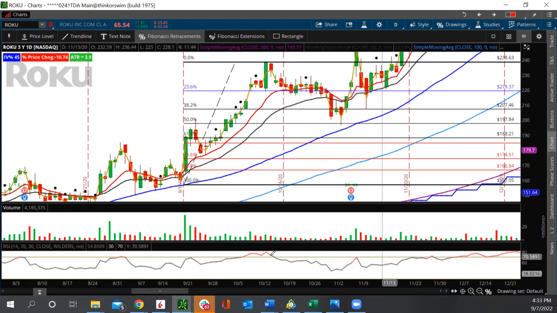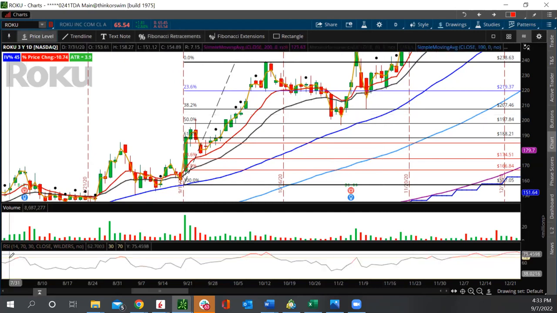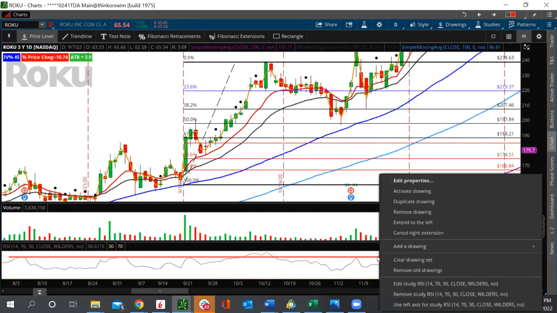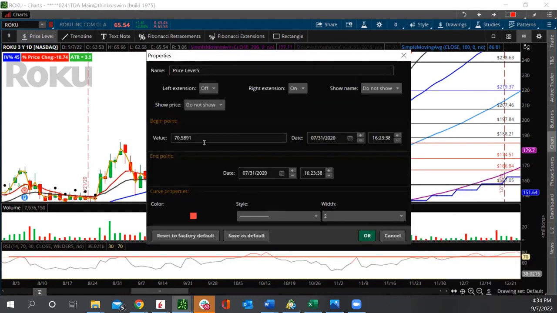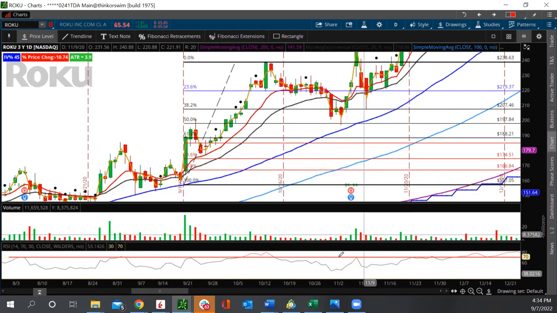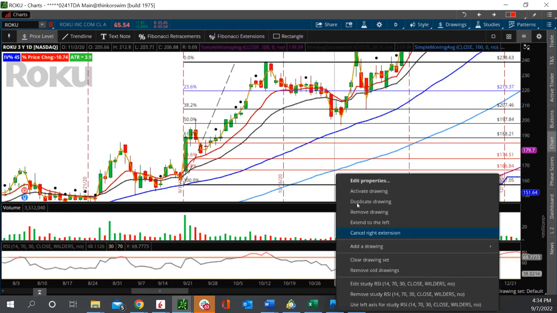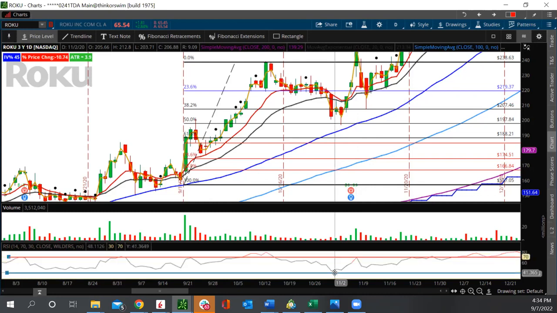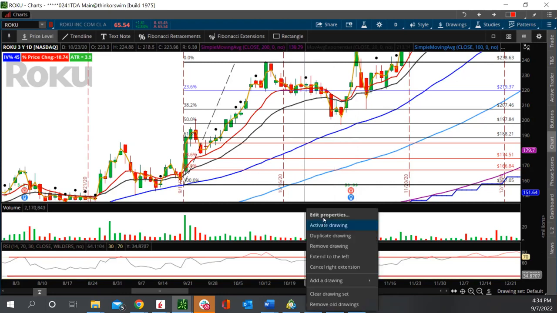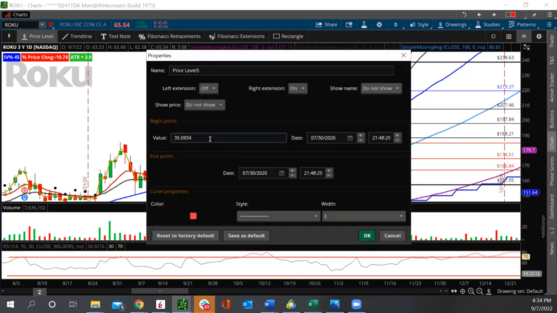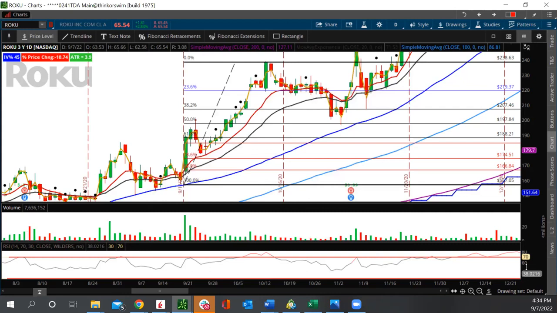The key levels here, and I'll draw a line, it's not going to be exact: the overbought level is 70, and oversold is way down here at 30. Let me squish this up a little bit.